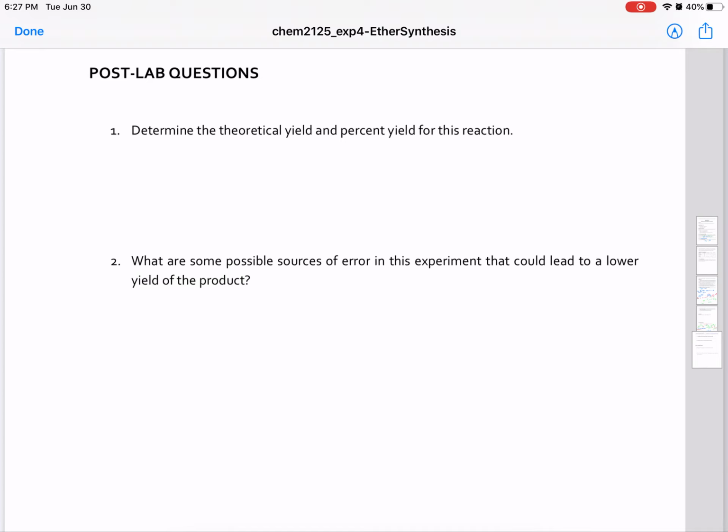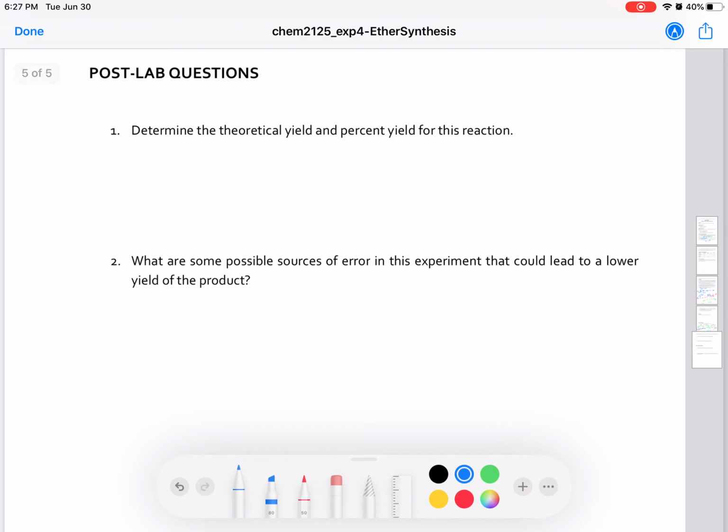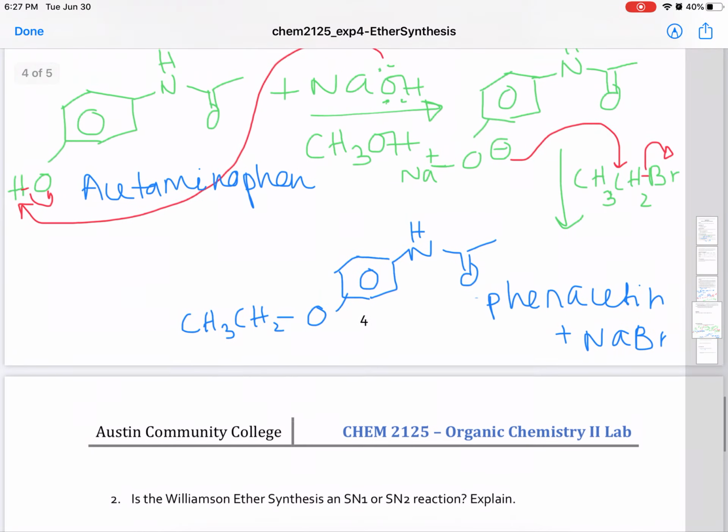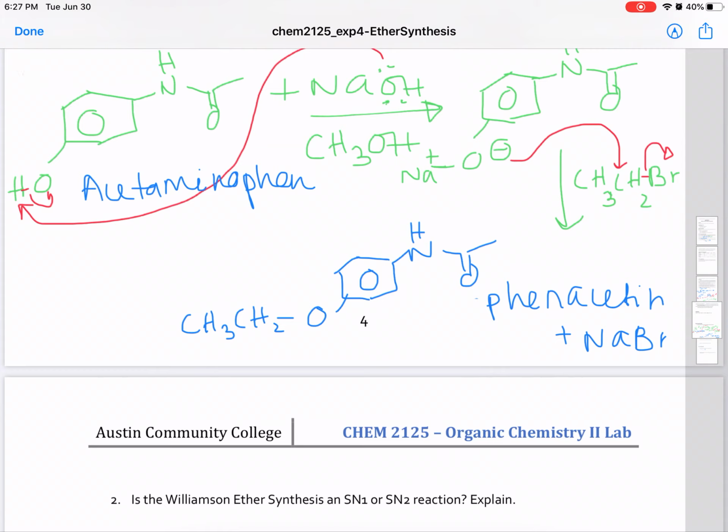Now, the theoretical yield and percent yield for this reaction. We have done this several times. You know how to calculate the theoretical yield. Remember, we use 10 millimoles of acetaminophen, so the molar ratio is going to be 1 to 1. 1 mole of acetaminophen will give you 1 mole of phenacetin. But we use 20 millimoles of ethyl bromide. So which one is the limiting reactant, ethyl bromide or the acetaminophen? Whichever has the lowest number of moles is the limiting reactant, and that is the amount of product that you're going to form.